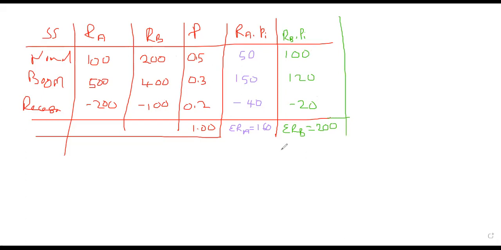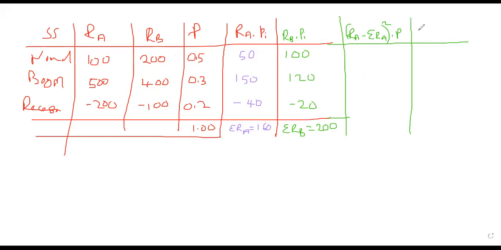Are we following? Okay. So now how do we get the variance for asset A? Remember, for asset A, we take the return, subtract the expected return for asset A, square the answer and multiply by the probability.